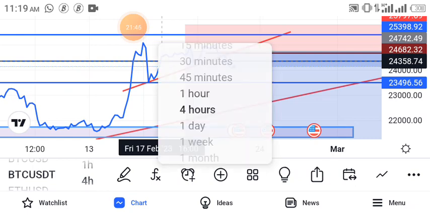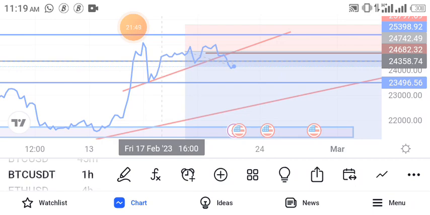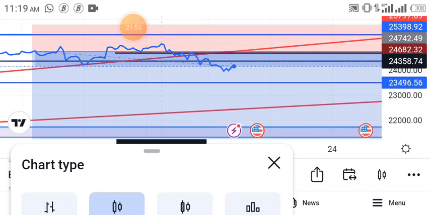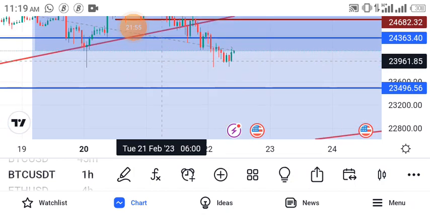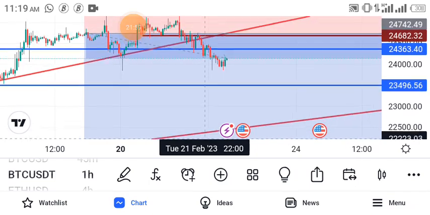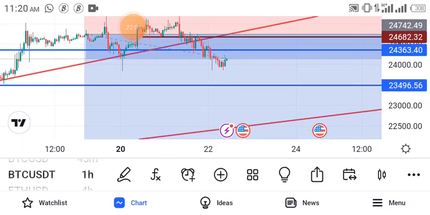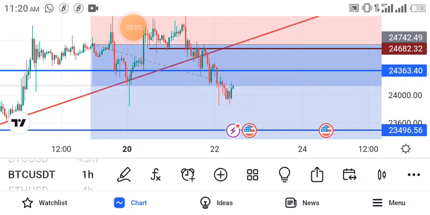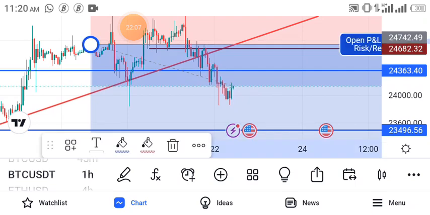Let me check on the 1 hour time frame. I will change this to the normal candlestick. I've already retested it, so I'll be selling here.